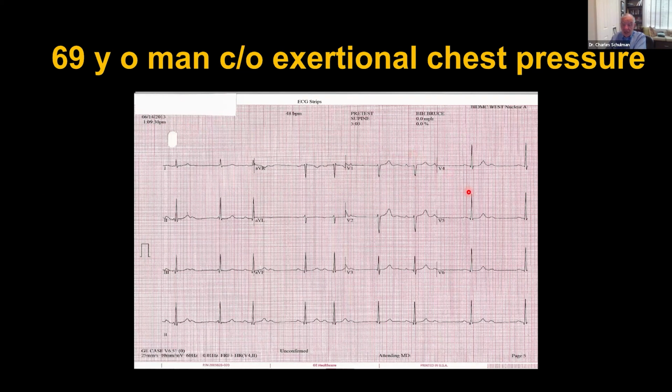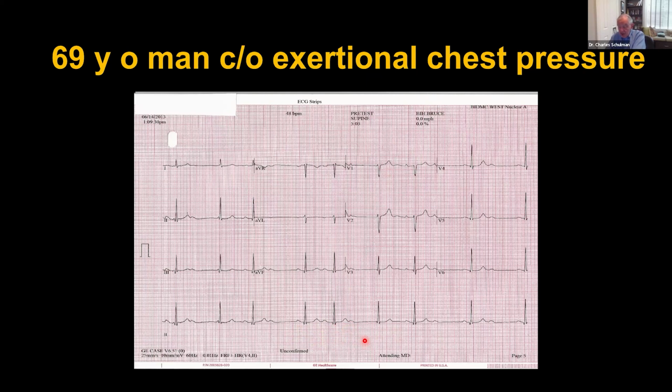He was having chest pain on exertion. We thought he might have angina pectoris, so we did a stress test. And here's his baseline ECG, which he had all the time. There's this PR interval, this longer PR interval, and the drop beat. So this is Wenckebach conduction.